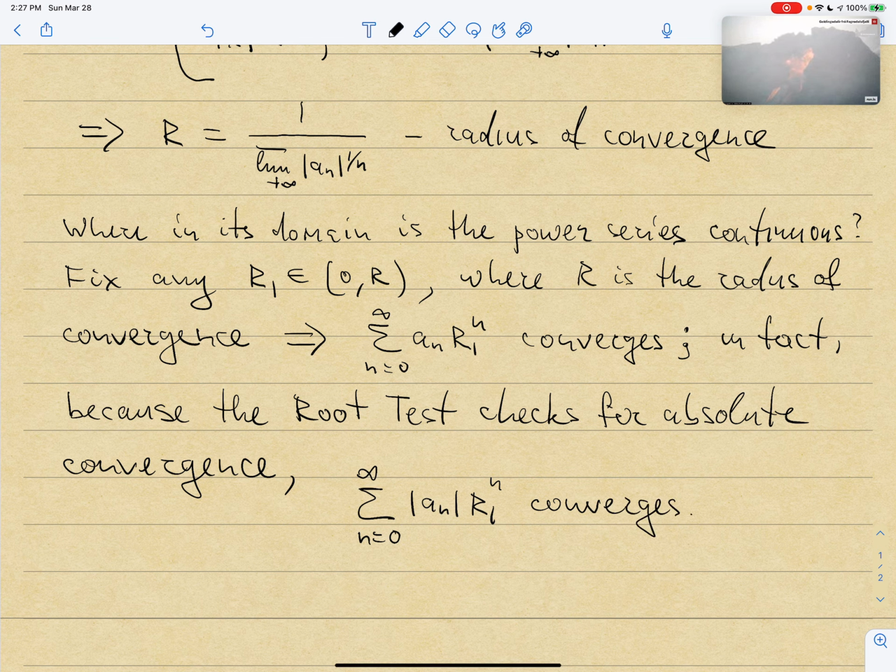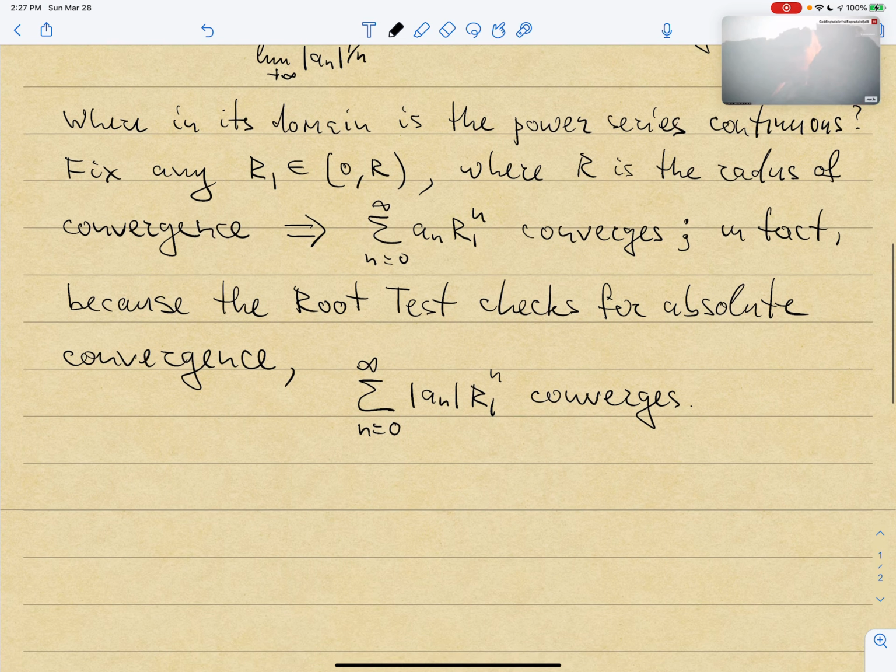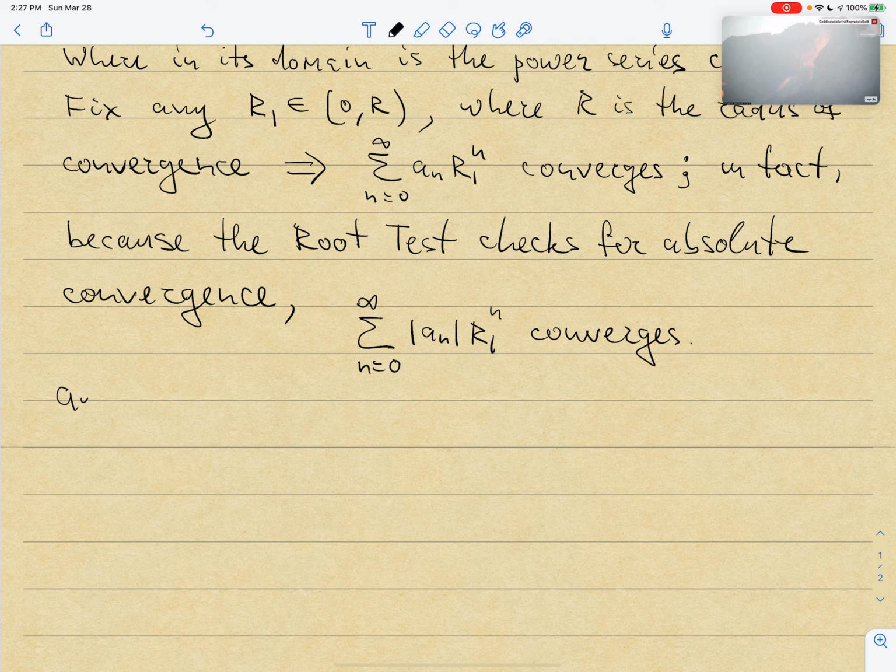All right. Well, not only that, but also, of course, if I compare, in fact, if I do this, if I compare absolute value of xn, of an times x to the power n, right?